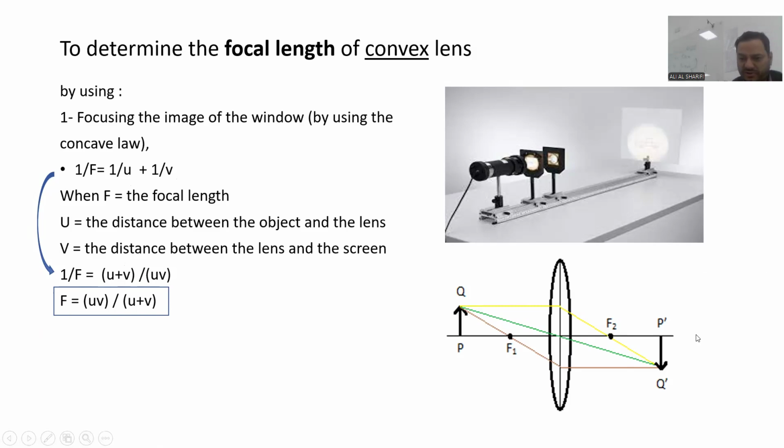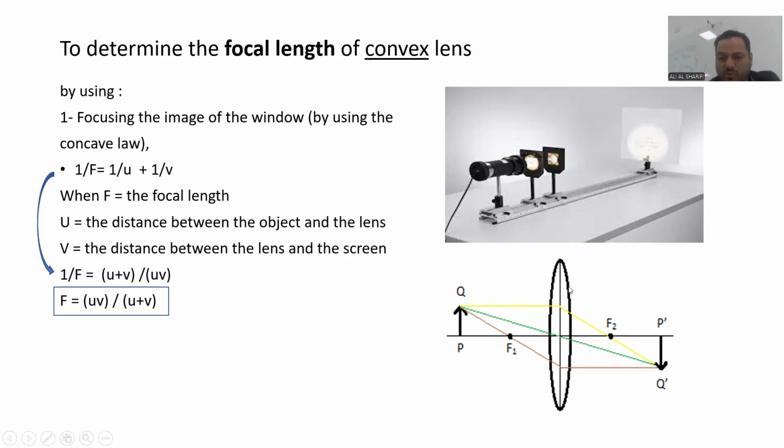This is very important. It illustrates how the image will appear on the screen. Let me explain that. Here is the object, and after it, sure, we have the light source to generate these light rays. And here I have my convex lens.